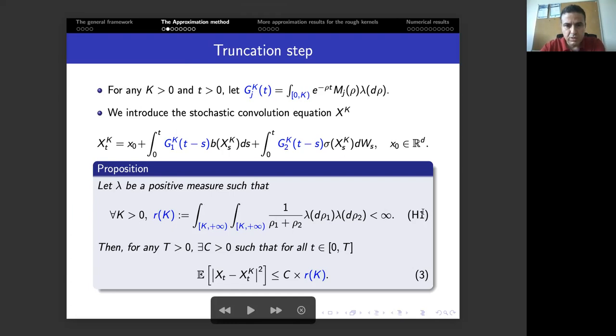If this assumption H1 is satisfied, then we are able to quantify the error that we made using this truncation procedure. The error behaves like R of k. Okay, so this is a first source of error when truncating the kernel.